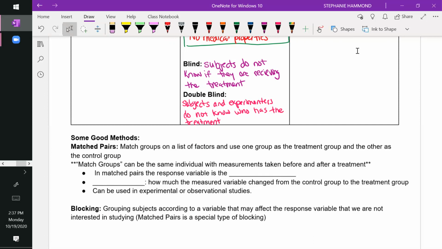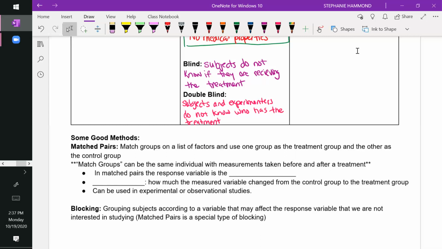If I am measuring things with different people and their gender, age, and income might affect the response variable, I would want to make sure that I have those things matched up. I would say, okay, if I have a 9-year-old boy that lives in poverty in group A, then I would want to try to have a low-income boy in poverty also in group B to match that.